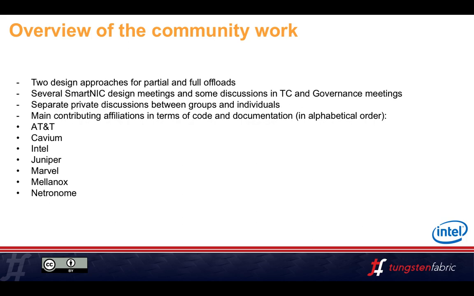From the partial perspective, it was Mellanox and Intel who looked at this problem, whereas on the full offloads, we had Cavium, Marvell, Netronome, who else am I missing? Mellanox. No, Mellanox was the partial offloads. Oh, I see. Yeah, we worked together on the partial offloads.